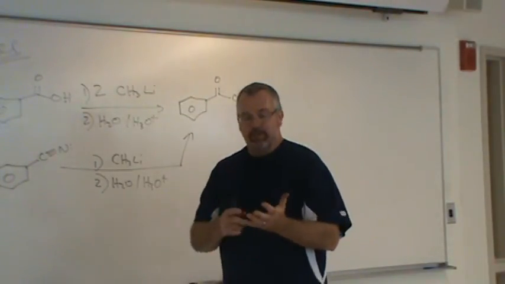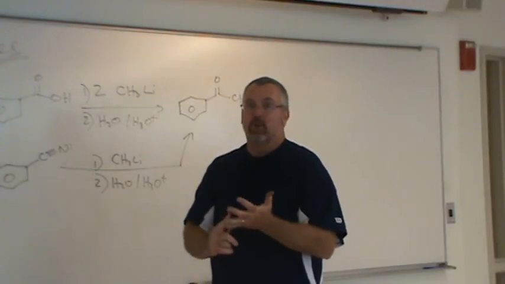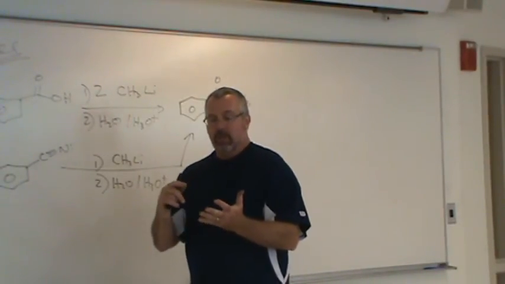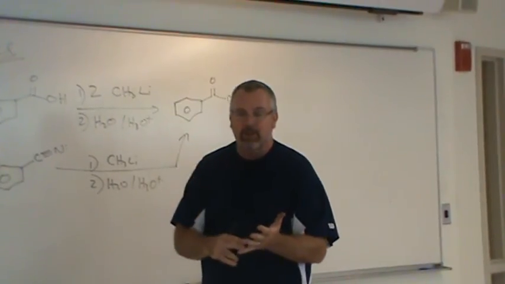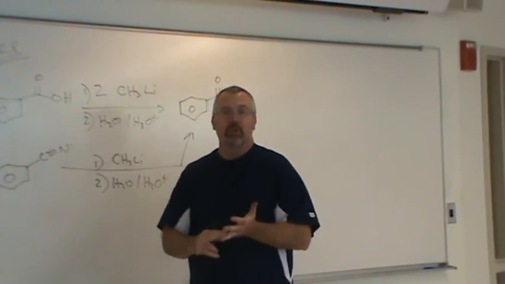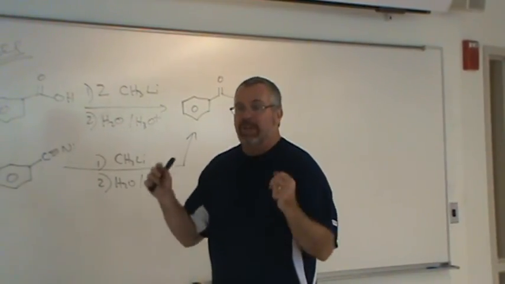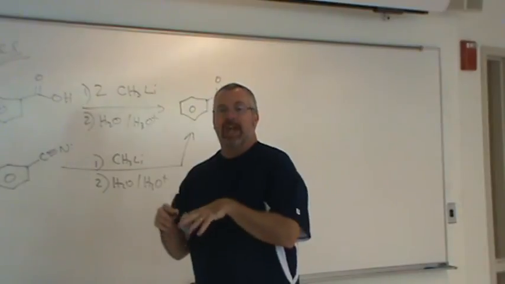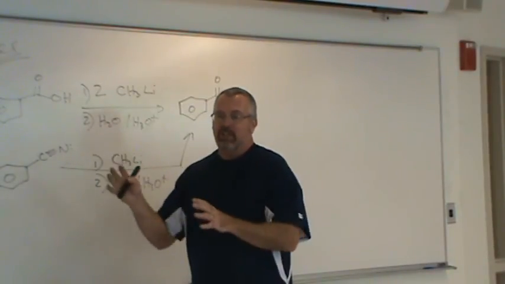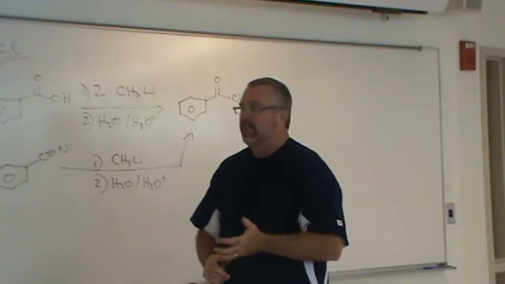We showed, for example, the addition of organometallics to acid chlorides and to esters in order to form tertiary alcohols. We showed the addition of metal hydrides like lithium aluminum hydride to both acid chlorides and esters in order to make primary alcohols. And we showed in both cases ways in which we could stop the reduction at the aldehyde stage. Different sets of reagents to do it, whether we started with an acid chloride or an ester.